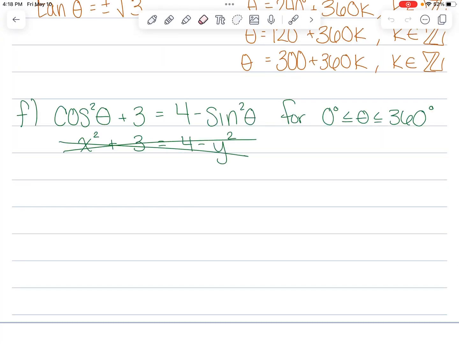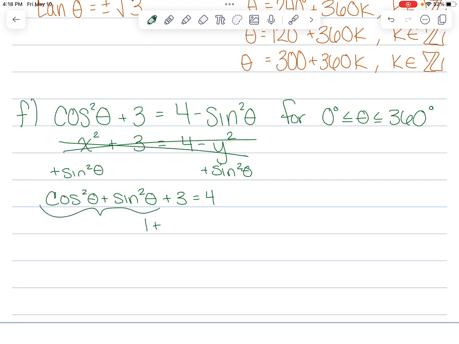So I'm going to add. Oh, it helps if I don't try to write in an eraser. I'm going to add sine squared theta. Cosine squared theta plus sine squared theta plus 3 is equal to 4. That's my identity. 1 plus 3 equals 4 gives me 4 equals 4.